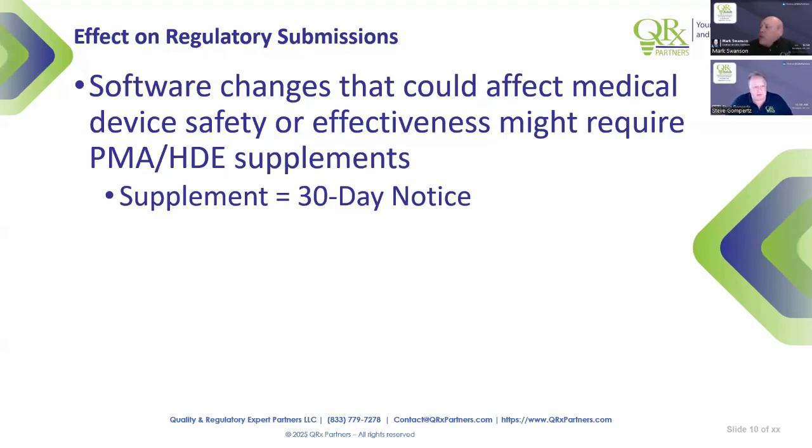And so the guidance mentions, particularly around PMAs and HDEs, so that's premarket approvals and humanitarian device exemptions, that the changes you make to software over time could require you to send in a supplement, a 30-day notice, to update: we've found that this software change has the potential to affect the device's safety or effectiveness. Therefore, we're making FDA aware that we're making this change, and here's what we did to validate that and mitigate the risks, all of that kind of stuff. So just remember that it's not independent of the device.